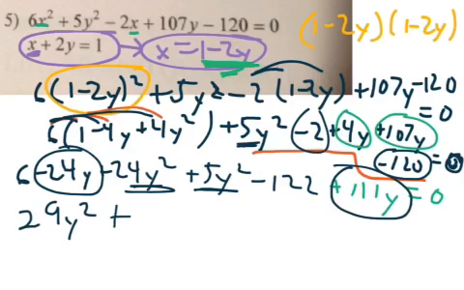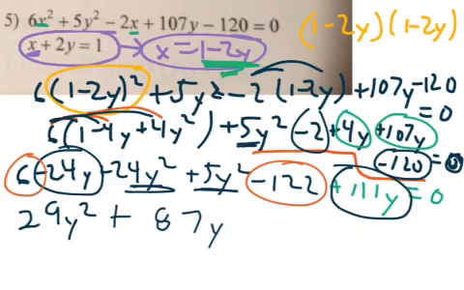I'm a little tired right now. 111 minus 24 is 87. So that would be plus 87y. And then the only thing left are my constants, right? Follow the red. I have a 6 minus 122, which is a minus 116. And that whole thing equals 0.